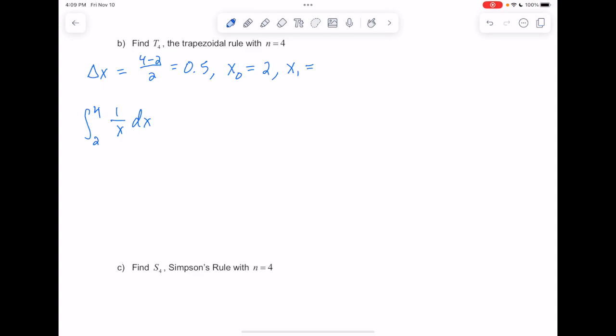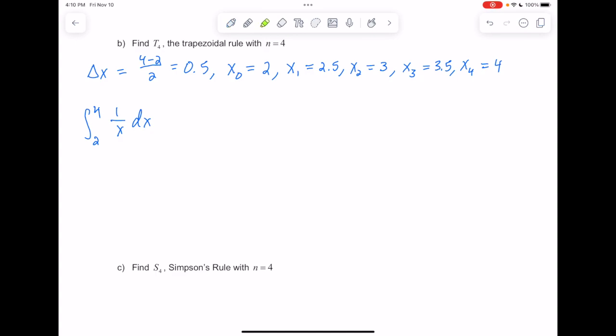So x1 would be 2 plus a half, or 2.5. x2 would be adding another half, so now we get up to 3. x3 is adding another half, so we get up to 3.5, and for x4 we add a half yet again and get to 4. It should always be the case, if you've done it right, that when you get to x sub n, in this case n is 4, so x4, that should be your right-hand endpoint, which is your upper limit of integration.